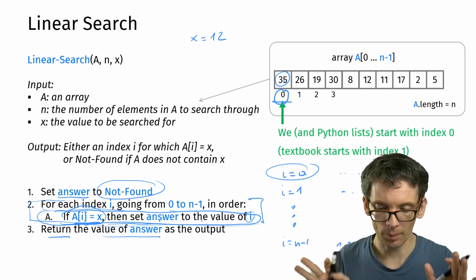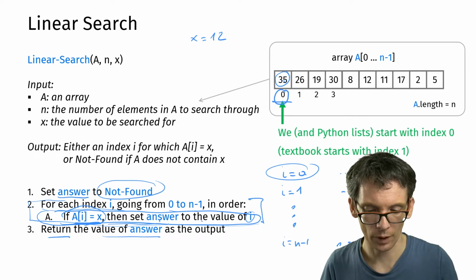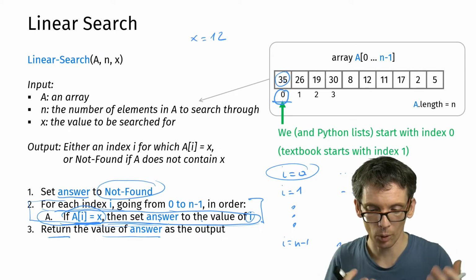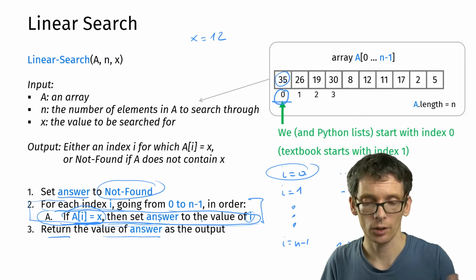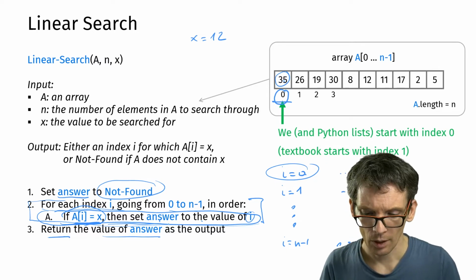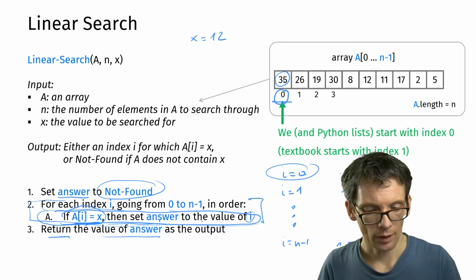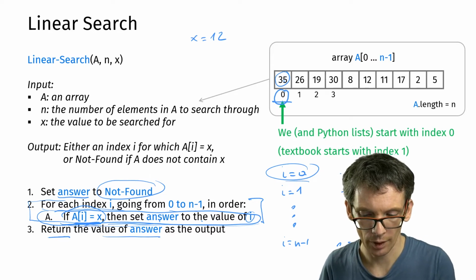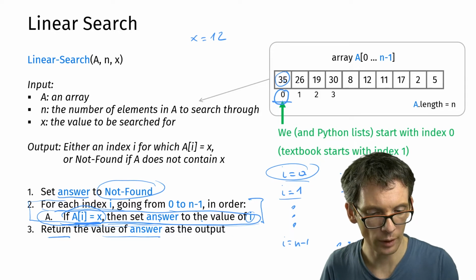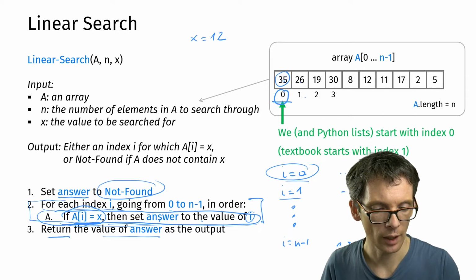When you program, you're going to see these constructions, but I think for now, just reading this should be obvious enough. Okay, so for I is 0, we're not going to do anything except for checking this if. For I is 1, 26, 12, still not the case, and so on.